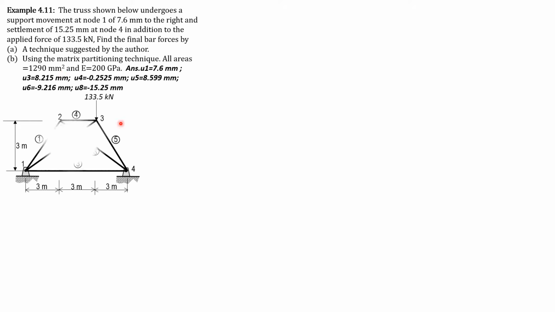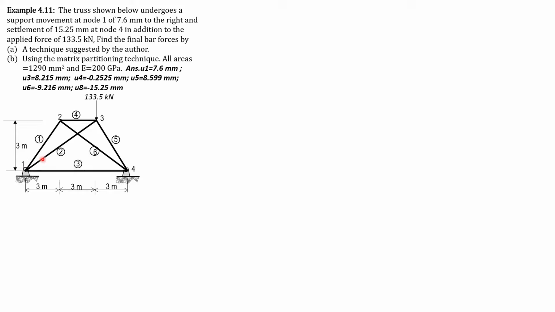Find the final bar forces by a technique suggested by the author, and letter B using the matrix partitioning technique. All areas are 1,290 mm square and the modulus of elasticity is 200 gigapascals.